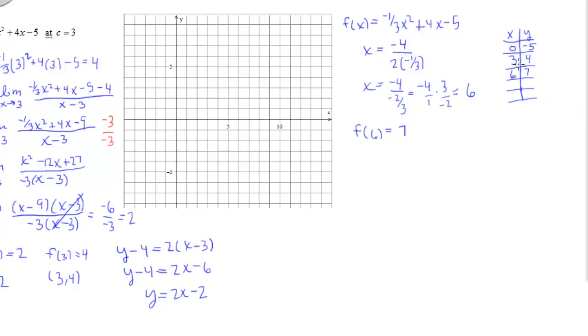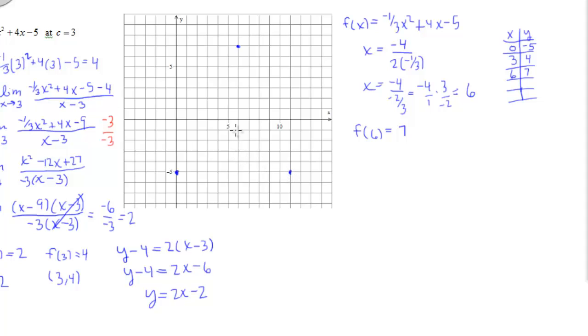So if we know that 6, 7 is the vertex, and we know that 0, negative 5 is a point, and we know it's a parabola, that means that there has to be a matching point over here the same distance away.